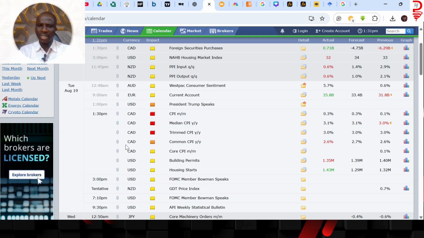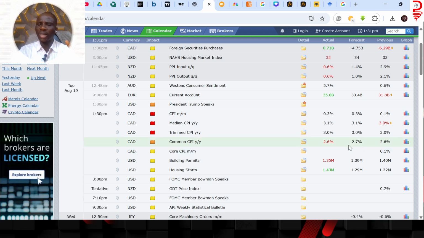And we notice that all the data except for the common CPI year on year are the same as the forecast, which means that on this basis, if we are to base our analysis on the median CPI and the trim CPI, the expectation of the market or the investor is what the data is, and it's not going to really shift the market price as relating to the Canadian dollar significantly.